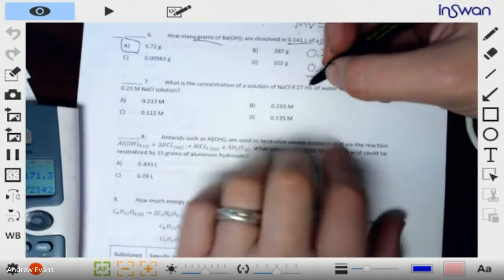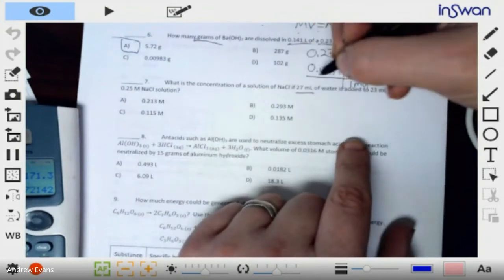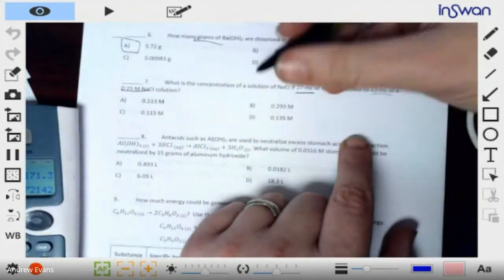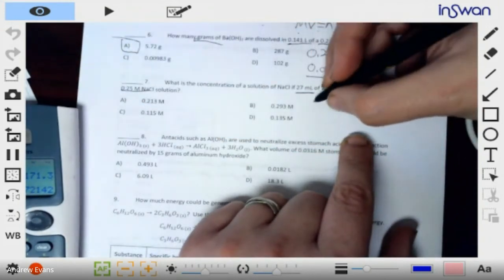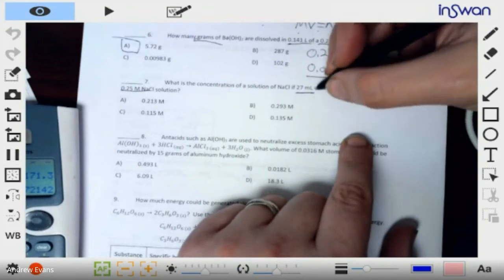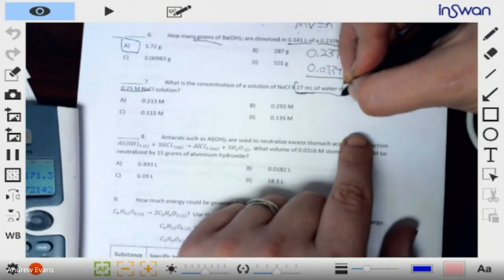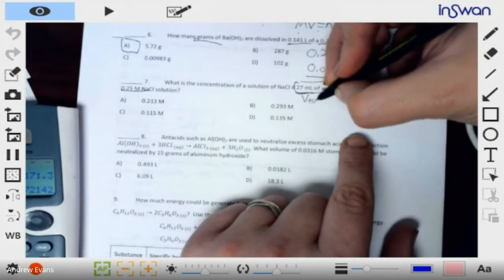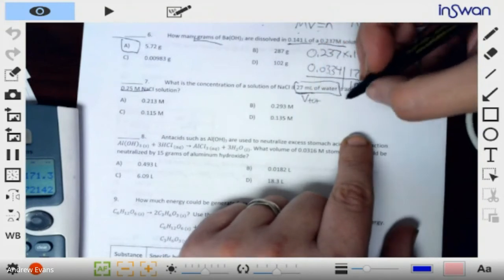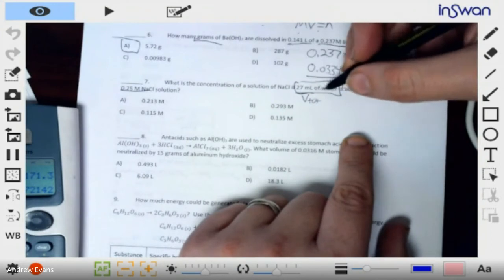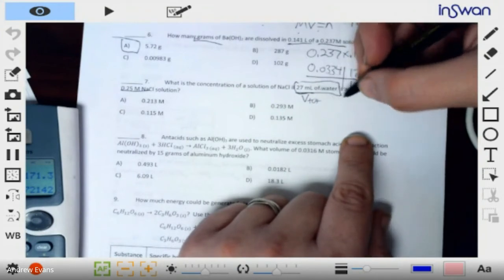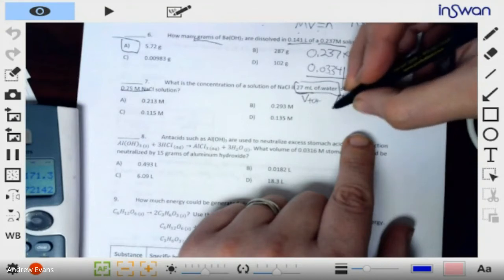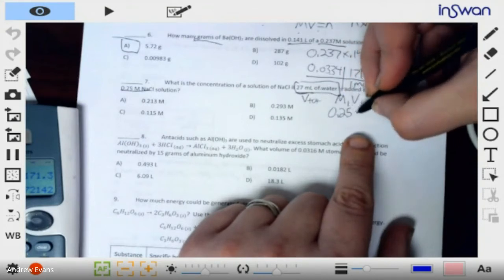What is the concentration of a 27 mL solution of sodium chloride if we add 23 mL of a 0.25 molar solution? So this is a little bit of a trick question. 27 mL of pure water. We only need to consider the total volume of solution. So we do not consider the 27 mL for M1, V1; that's 0.25 and 23 mL.